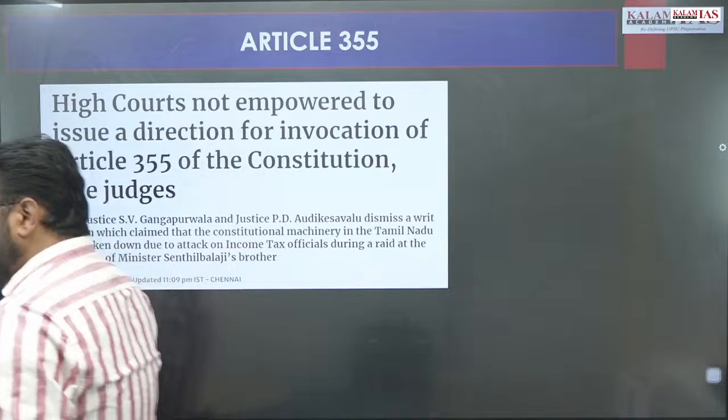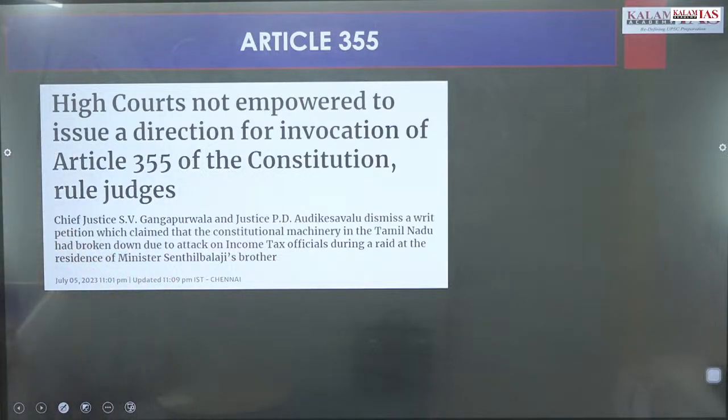Another thing which was in the news was Article 355 of the Constitution of India.